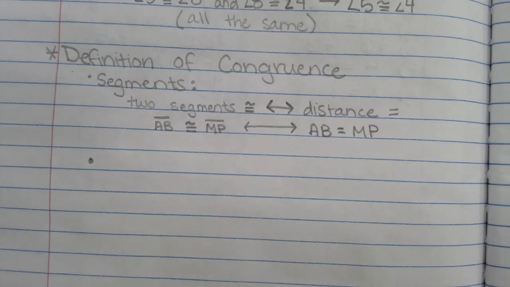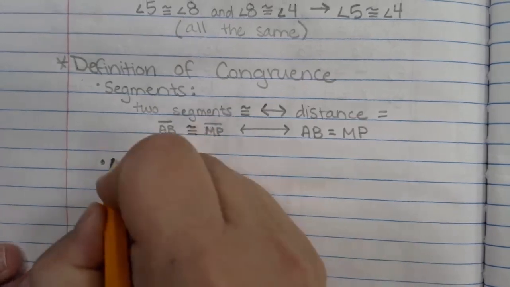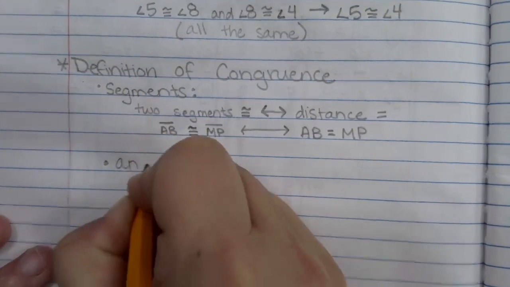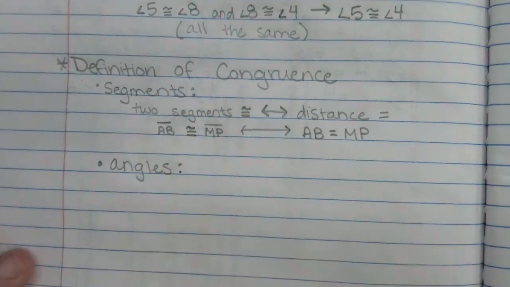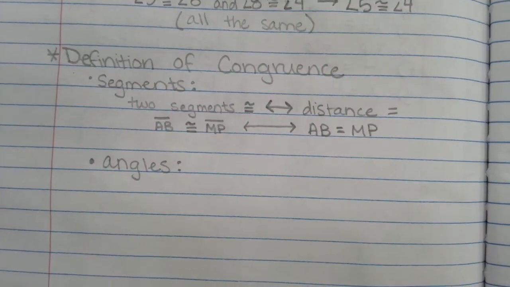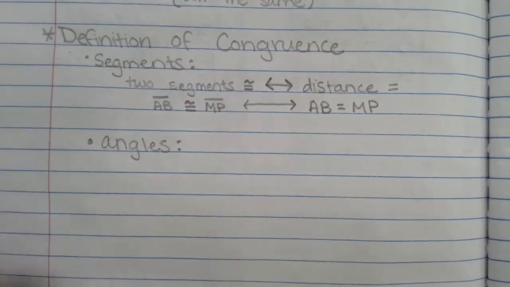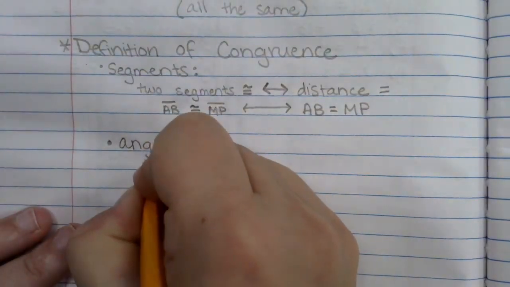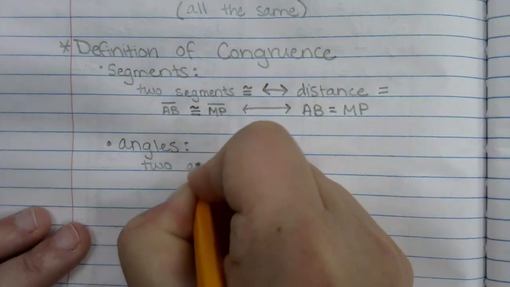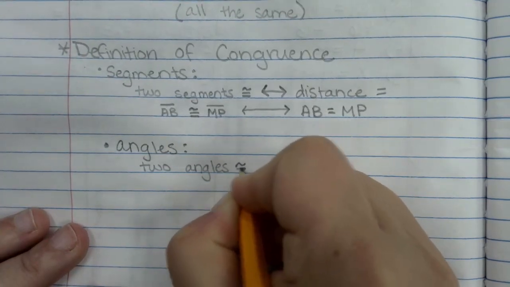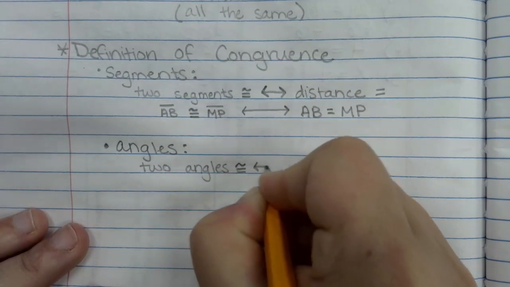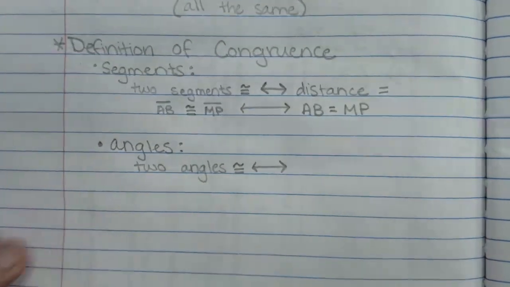Another thing that we've been saying is congruent are angles. So if two angles are congruent, what does that really mean, that the angles are congruent?